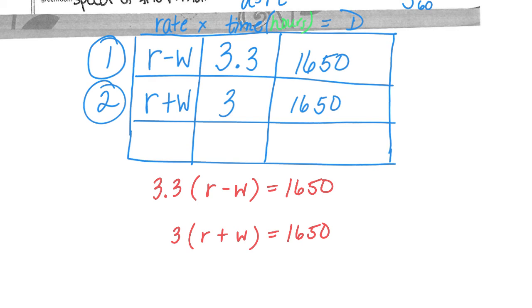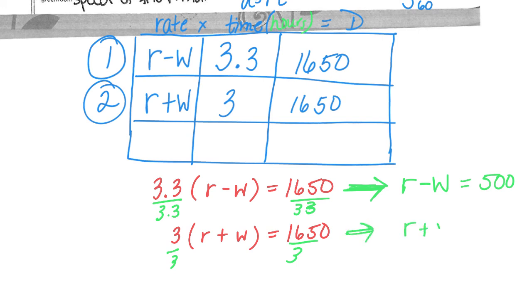So this literally becomes r minus w equals 500. When I divide each side by 3, 1650 divided by 3 is 550. So r plus w equals 550. Make it easy for yourself.